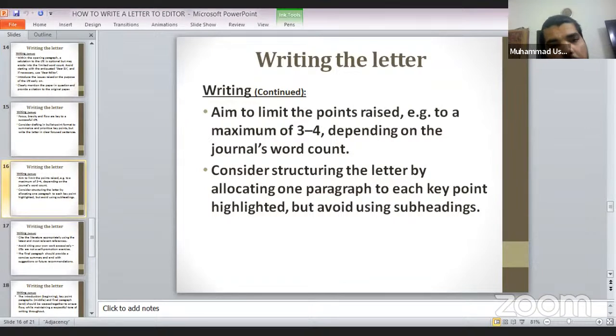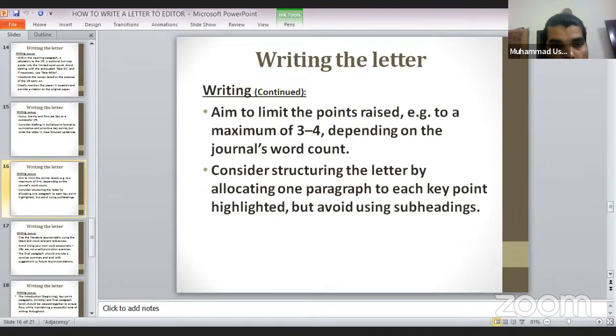And you can consider structuring the letter by allocating one paragraph to each key point. For example, if you're raising 3 or 4 points in your letter to editor, then you can write one paragraph per issue.